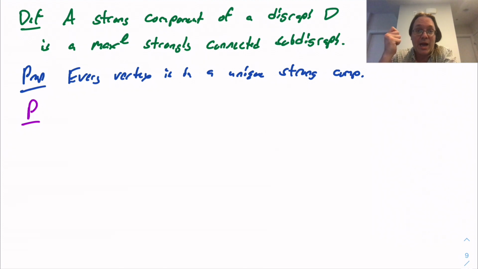Well, for any vertex, I have a strongly connected subdigraph that consists of that vertex and nothing else, no edges. If you take that single vertex graph, that graph is going to have the property that for any vertices u and v, there is a directed walk from u to v, because you only have one choice for u and v. It's the same vertex, and you've got the trivial directed walk.